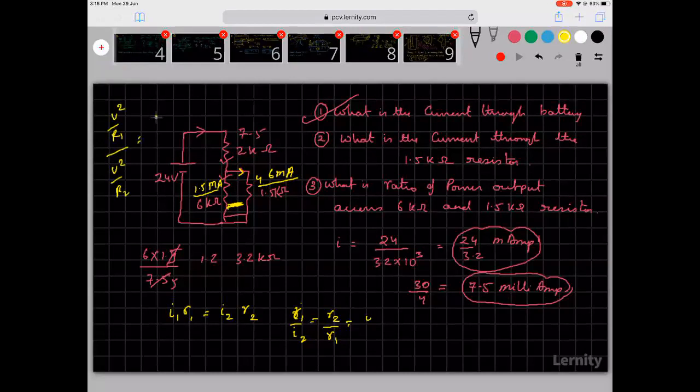So that will make it R2 by R1, which means it will become 4:1. So greater power will be dissipated here and lesser power will be dissipated across the 6 kilo ohm resistor. So accordingly you can work it out. So done.